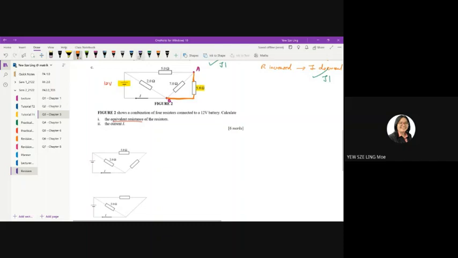And then what am I going to do? I'm going to see, is there any other path that I can use to travel from A to B? Obviously, yes. I can travel from A to B through this 7 ohm resistor.